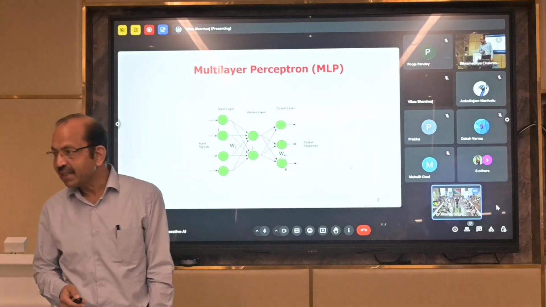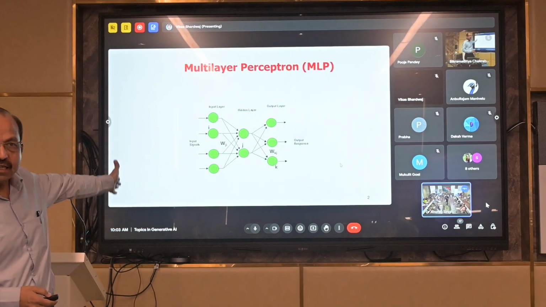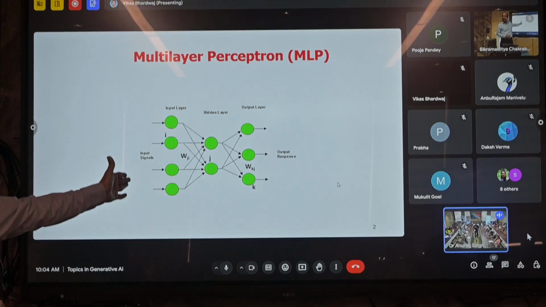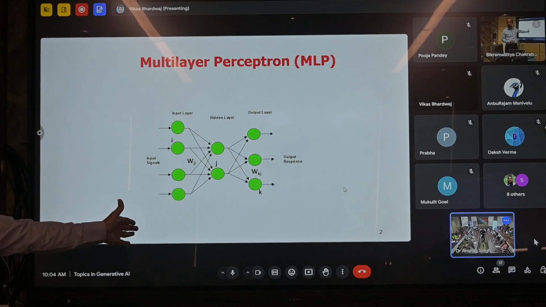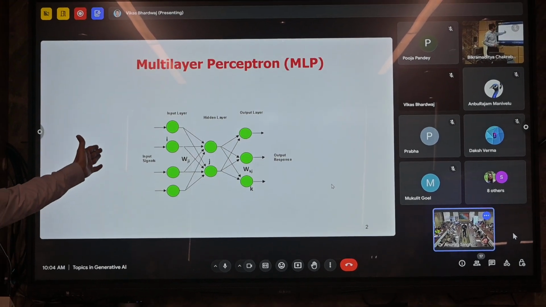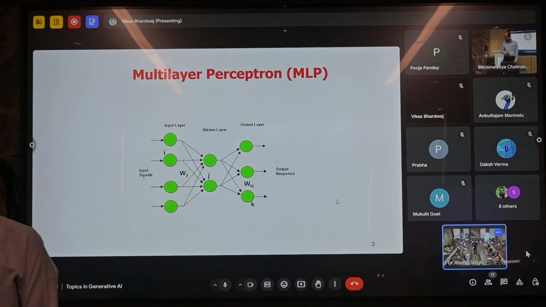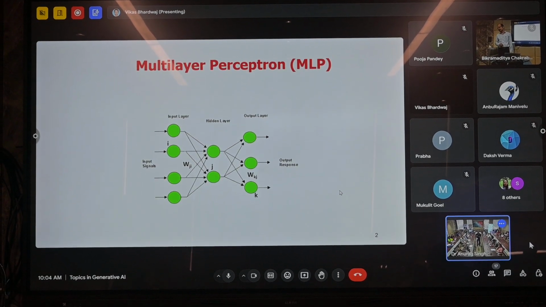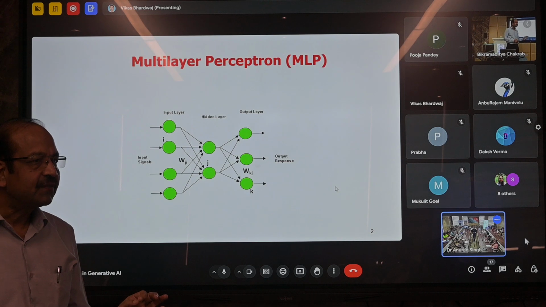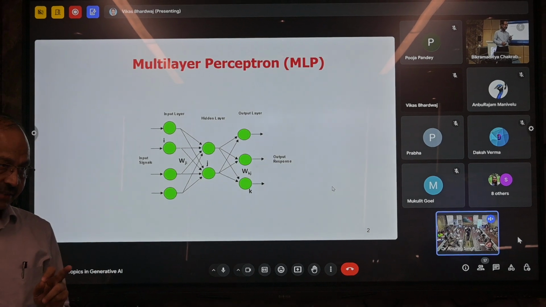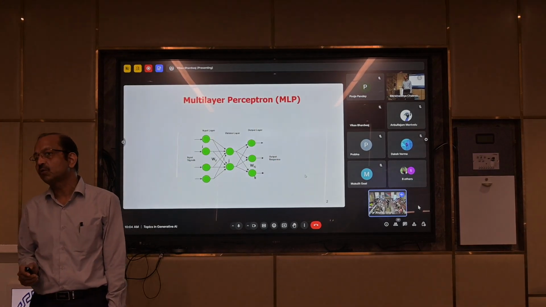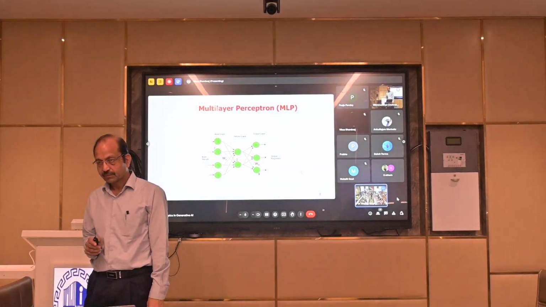Assuming that you have d number of nodes at the input layer, and at present I am assuming that you have only one hidden layer, with k number of nodes at the hidden layer and c number of nodes at the output layer. Every node of the input layer is connected with every node of the hidden layer, and every node of the hidden layer is connected with every node of the output layer.